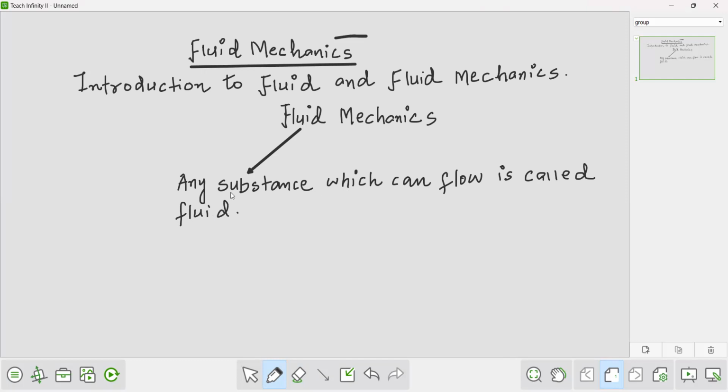Now I will explain to you what is this substance. There are two terms you are going through. What is this substance and what is this flow?